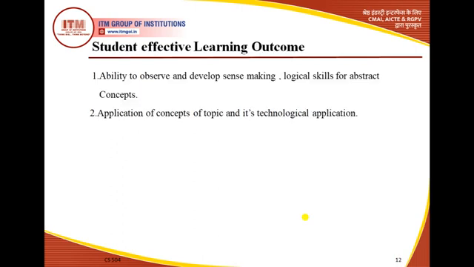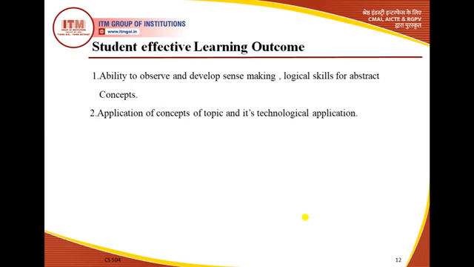Now, the student effective learning outcomes: what we have learned from all these previous presentation slides. These introductory internet slides provide us an ability to observe and develop sense making and logical skills for abstract concepts.